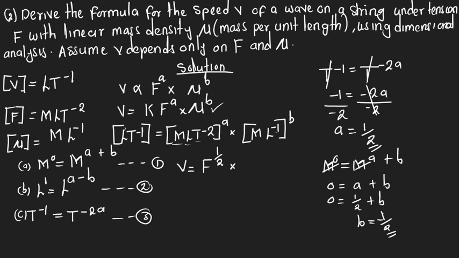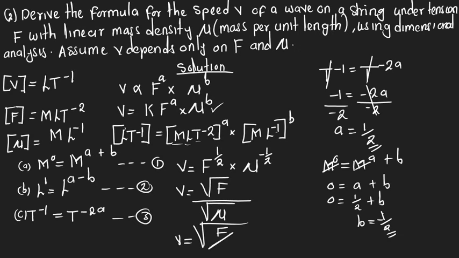This is multiplied by mu, raised to the power b, which we found to be negative 1 over 2. I mentioned in the first question that f to the power 1 over 2 is just the same as the square root of f, over mu to the power negative 1 over 2. If you combine the formula, you are going to get this formula, the square root of f over mu.